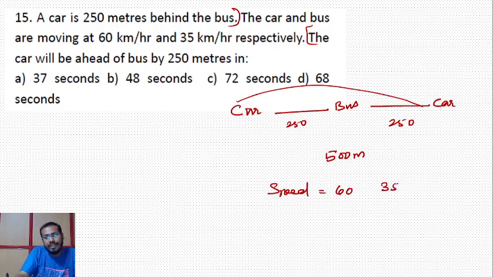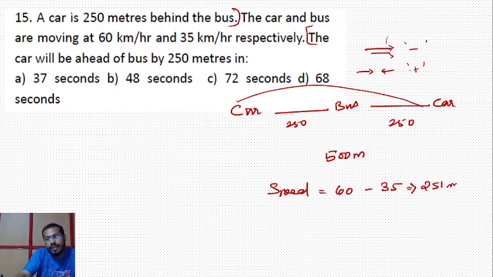Another one is 35 km per hour. If both the objects are traveling in the same direction, you need to subtract. If the objects are traveling in opposite directions, you need to add. This is the relative speed concept. In trains problems we can learn more about this. So here both are in the same direction, so just subtract the speed. It was 25 km per hour.